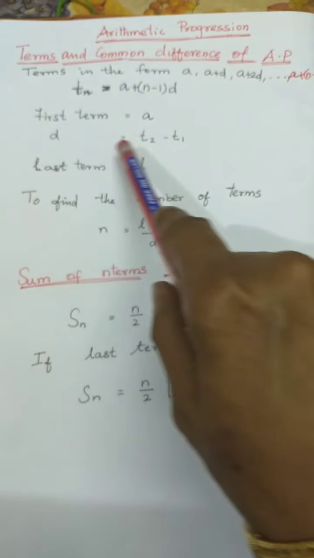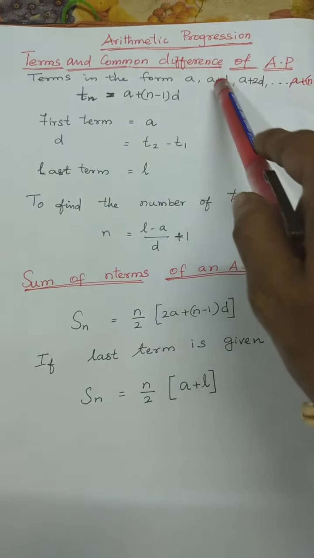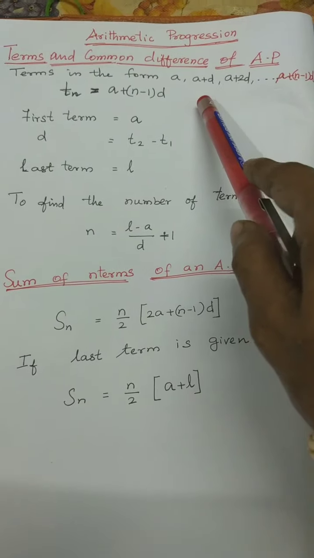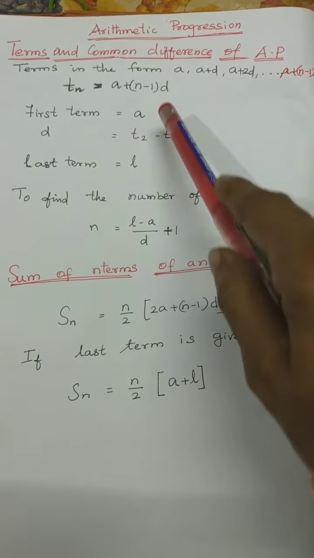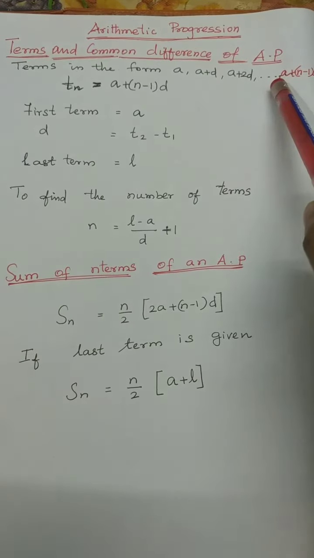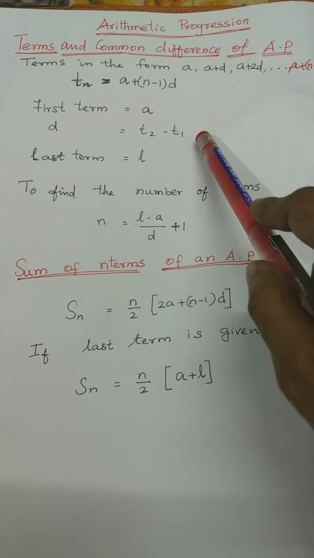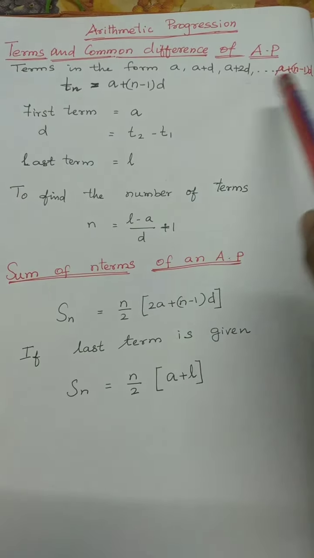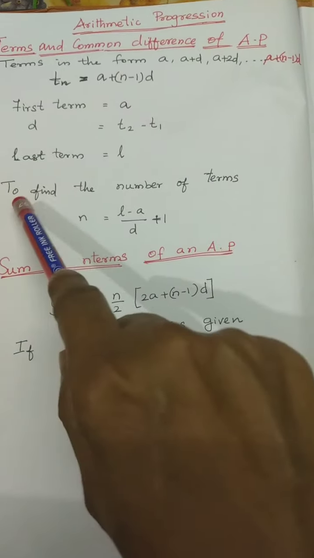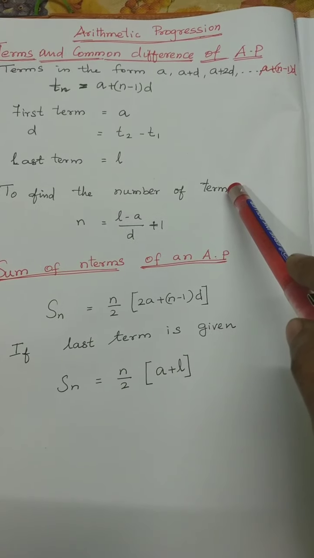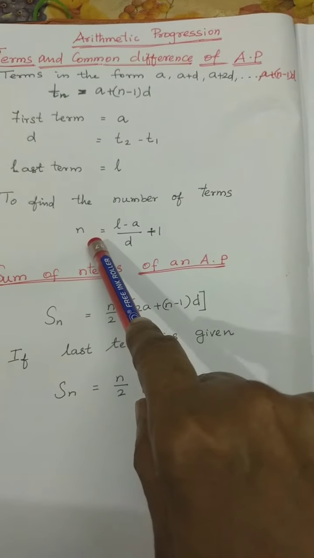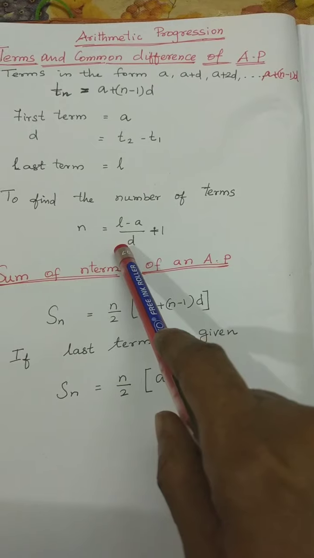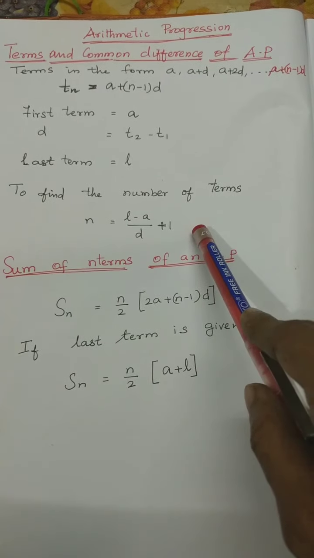So, D is the difference between two terms, T2 minus T1. The last term we can take as L. To find the number of terms, n is equal to L minus A by D plus 1.